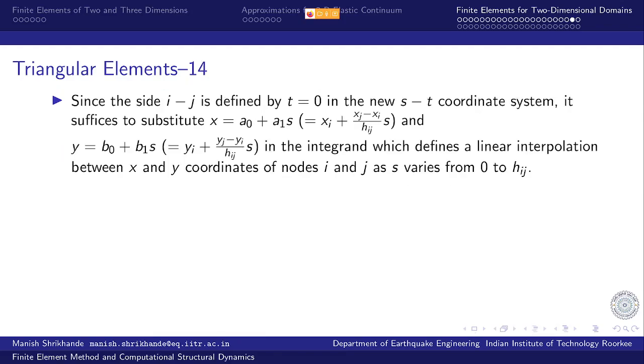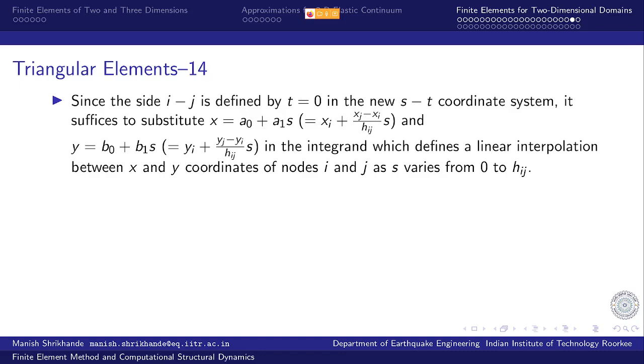Right? So since the side ij is defined by t equal to 0 in the new st coordinate system, we can just substitute x equal to a0 plus a1s, and t is of course 0, so that term drops out, and y is equal to b0 plus b1s, and that's all in the integrand.